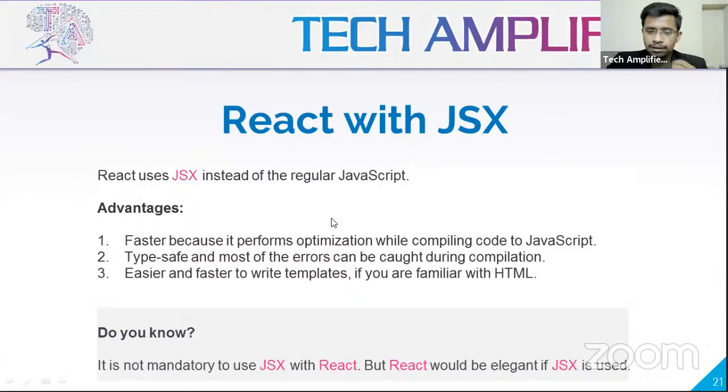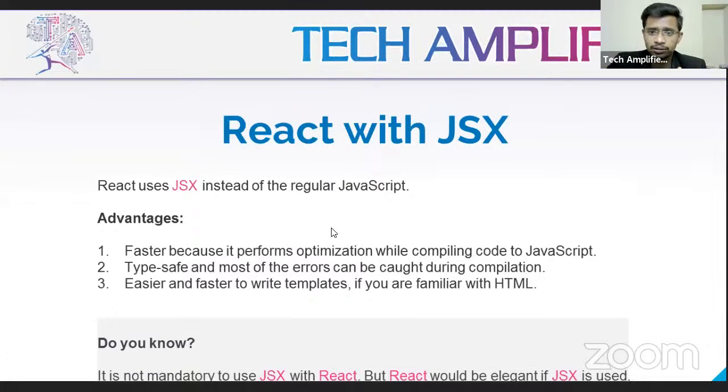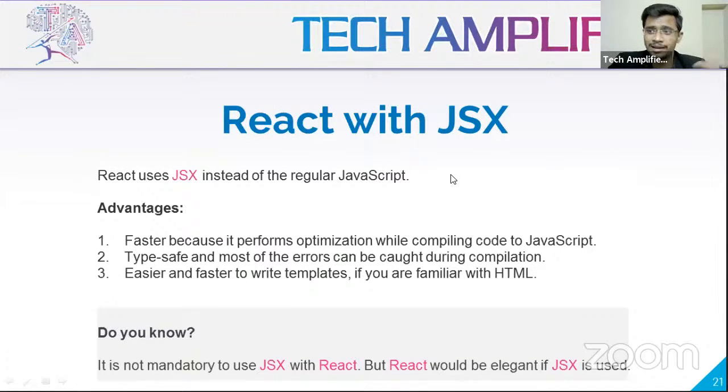In normal JavaScript you can't do things like writing an HTML tag in front of it, and there is no feasibility of doing a couple of things in normal JavaScript. That's why this new extension was added, and that is what React is using. It is type safe, and most of the errors can be caught during compilation.